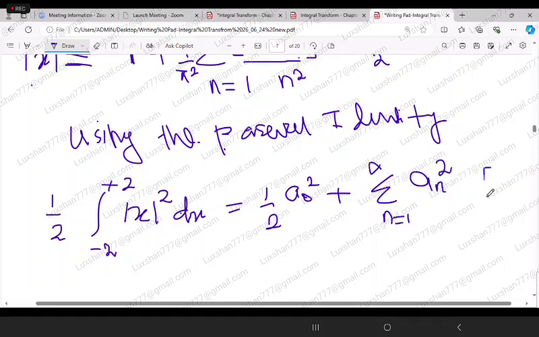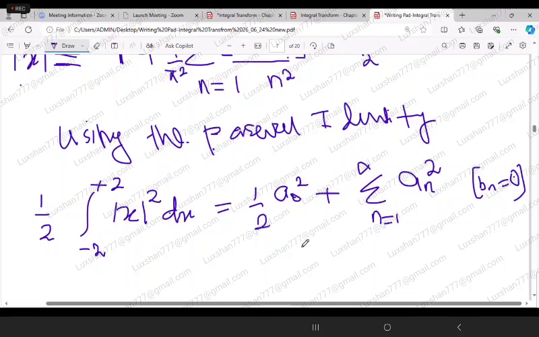The reason is bn equals 0. Isn't it? bn was 0.